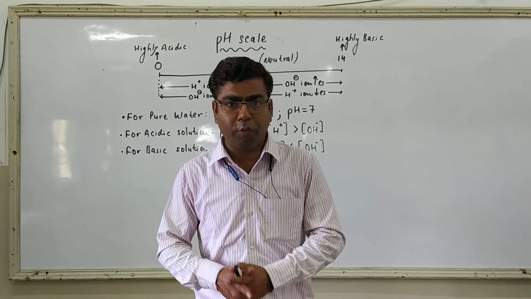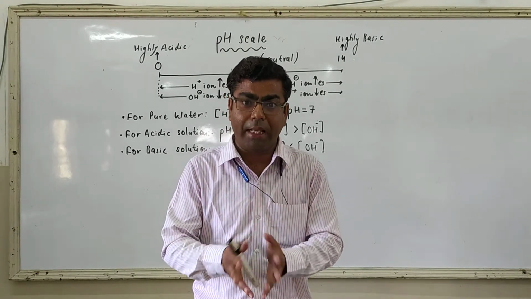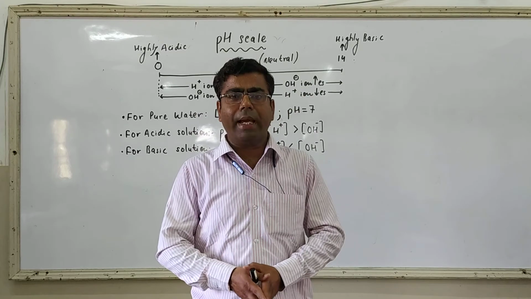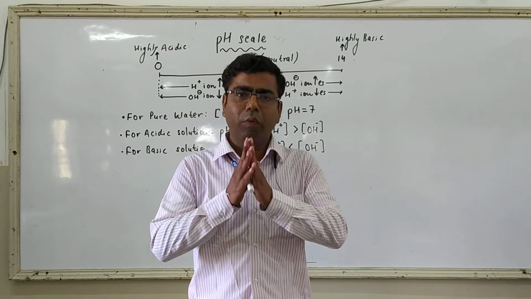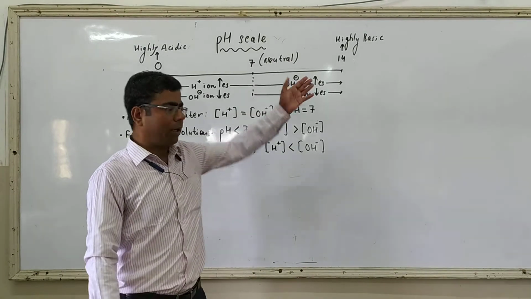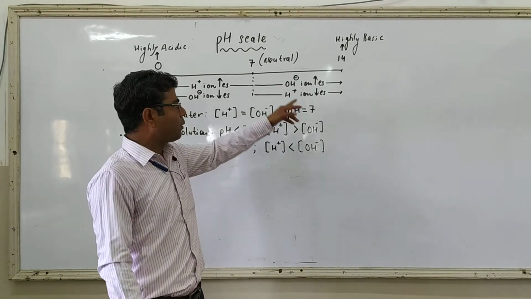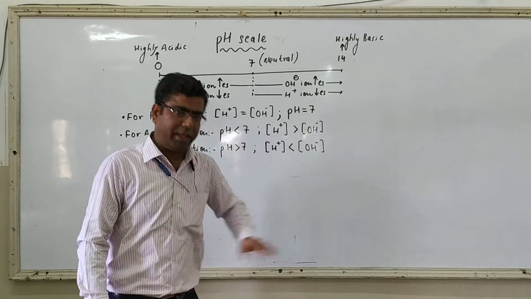So as we are moving from 7 to 14, the concentration of OH minus ion increases. So we can say that basic character will increase. So here from 7 to 14, OH minus ion concentration increases while H plus ion concentration decreases.